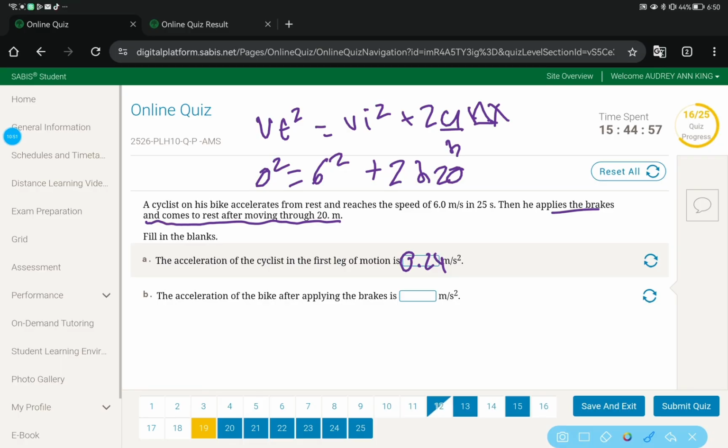So you can take the 6 to the other side. So you get negative 36 equals 40h, and then you get negative 0.9. Make sure there's a negative because you are decelerating.